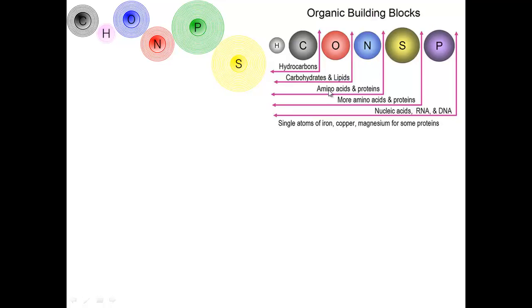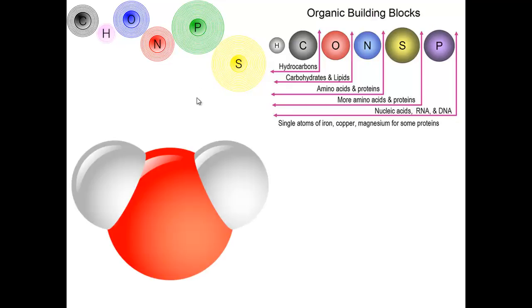We throw in nitrogen, we can get some amino acids and proteins. We throw in sulfur, we get more amino acids and proteins. And if we throw in phosphorus, we get the nucleic acids like RNA and DNA. Then we also need some other elements for some of the other proteins, because proteins, remember, make us, and we need as many things as we can to make the proteins we need.